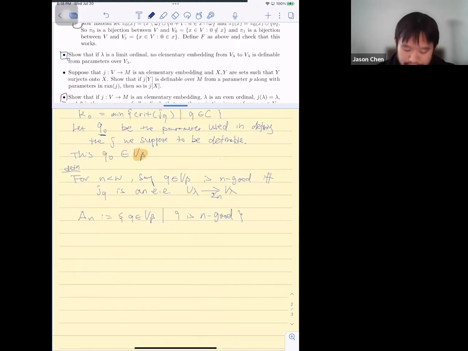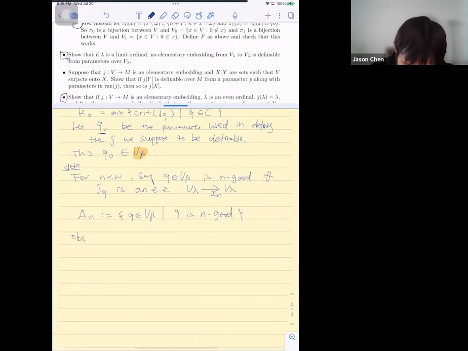Now you observe A n is going to be in V lambda, because it's a subset of V beta, and V beta is below V lambda, and lambda is a limit.